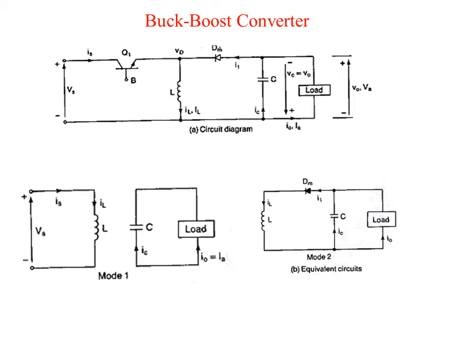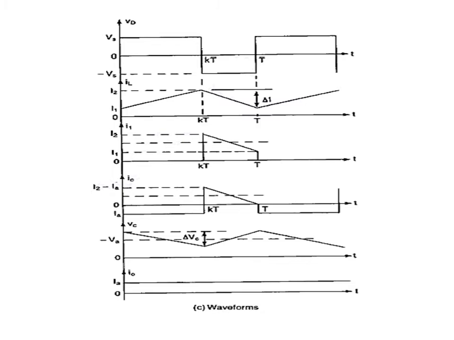The energy stored in inductor L would be transferred to the load and inductor current would fall until transistor Q1 is switched on again in the next cycle. The equivalent circuits for the modes of operation are shown in figure B. The waveforms for steady-state voltages and current of the buck-boost regulator are shown in figure C for continuous load current.